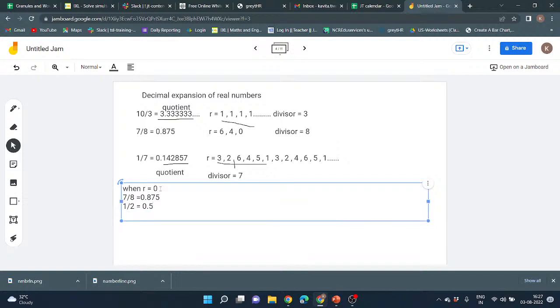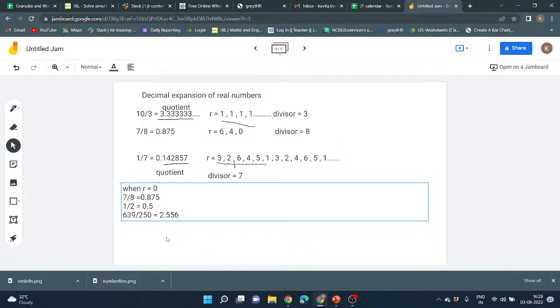Let's take another example, which is 639 divided by 250. If we divide these numbers, we will get 2.556 as the quotient, and the remainder will become 0 in the third step.